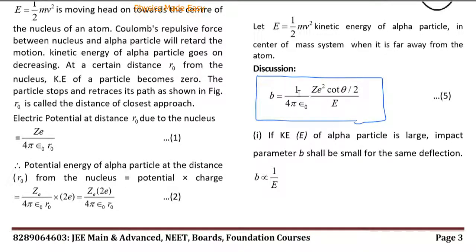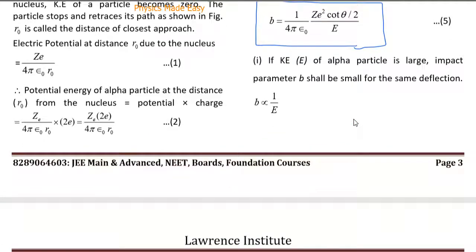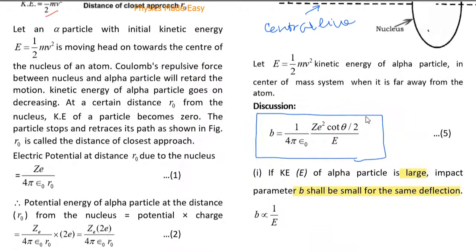After doing calculations which are beyond the scope of your syllabus, the value of the impact parameter is b equal to 1 by 4 pi epsilon, Z square cot theta by 2 divided by E. Now, if the kinetic energy of the alpha particle is large, the impact parameter b shall be small for the same deflection.